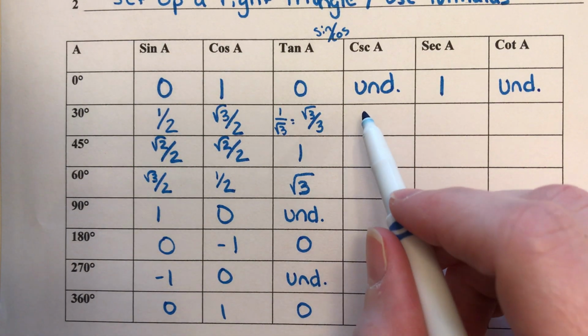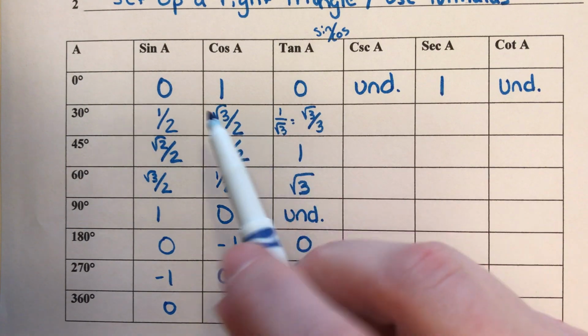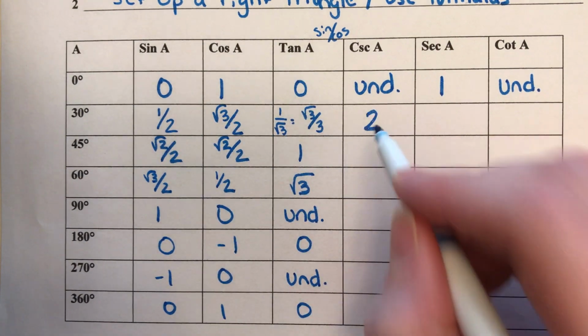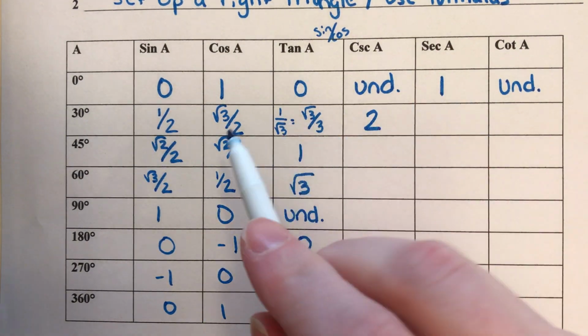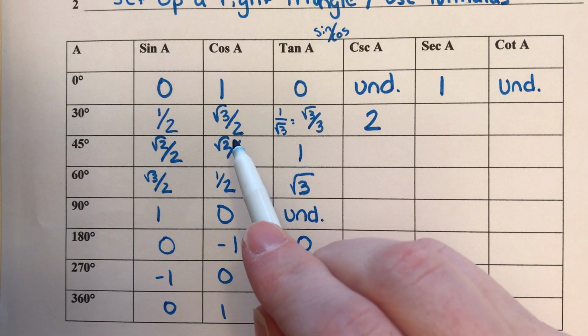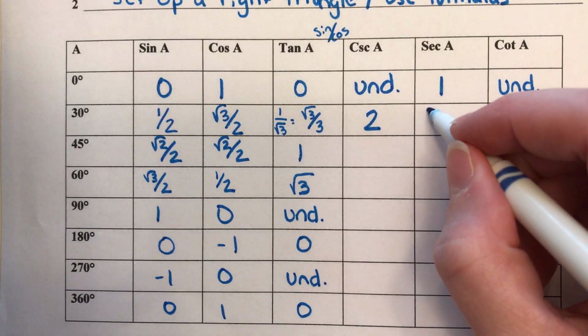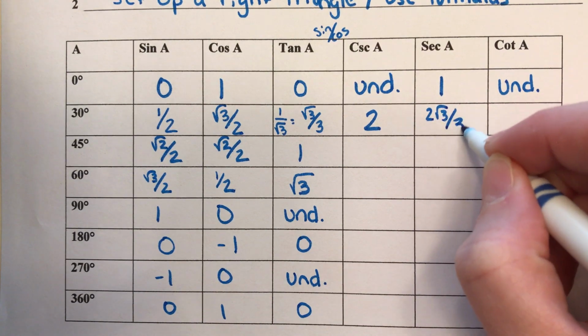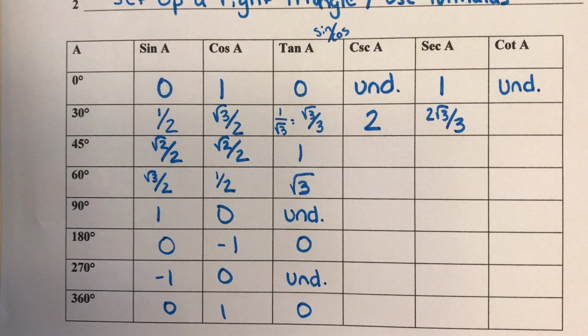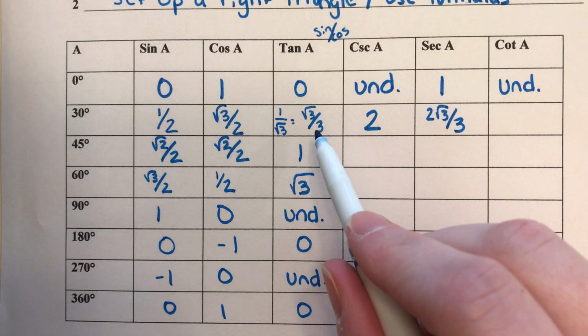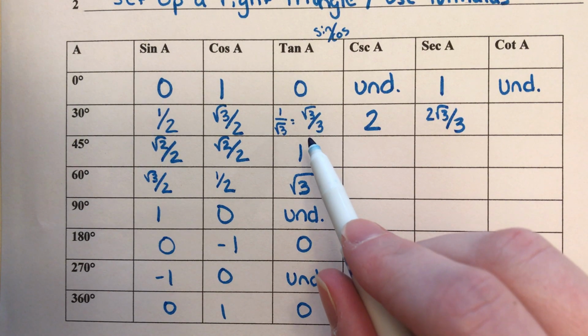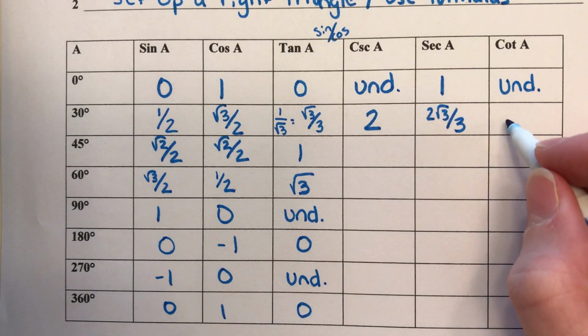Now on to 30. Cosecant is the reciprocal of sine, so 1 over 2 becomes 2. Secant is the reciprocal of cosine, so 2 over root 3 becomes 2 root 3 over 3 when I flip it. And if I flip root 3 over 3, that becomes 3 over root 3. 3 root 3 over 3 is just root 3.